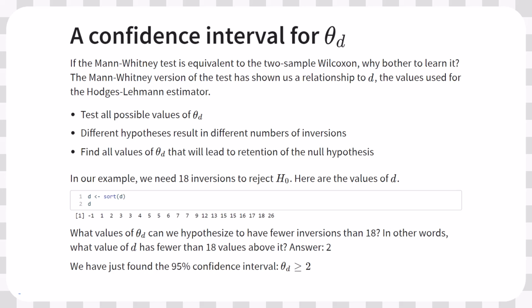So therefore, the measure of my effect size here with 95% confidence is that theta sub d is at least 2. Remember again what theta sub d is. It's the median of d's, where d's are differences between scores in the two conditions.